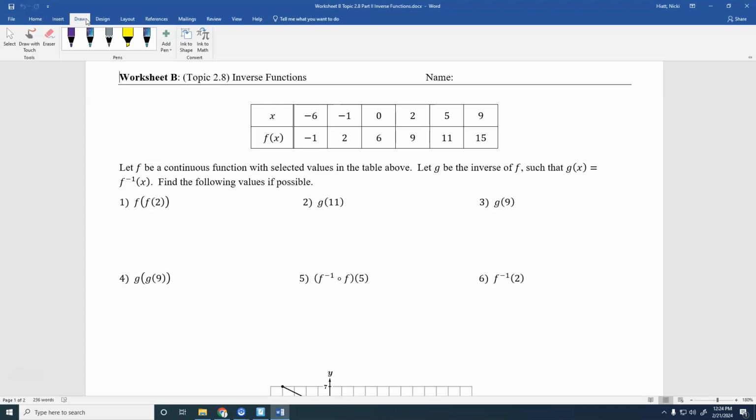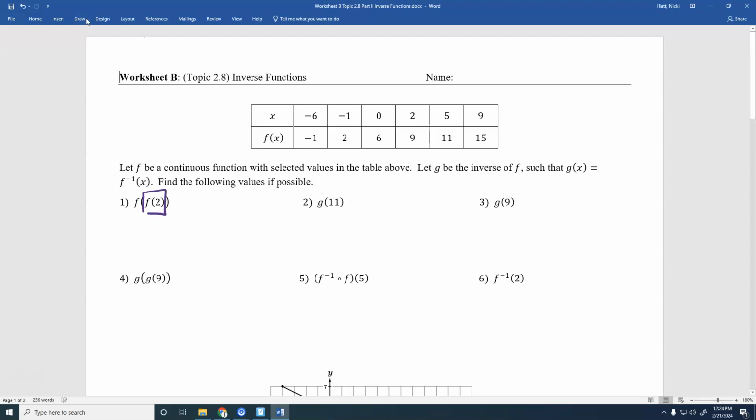Let's see. Kara, if I'm doing f of 2, what would I get for f of 2? If I'm looking for that first part where I'm doing f of 2, that means my x value is 2. 9 will be my y value there.